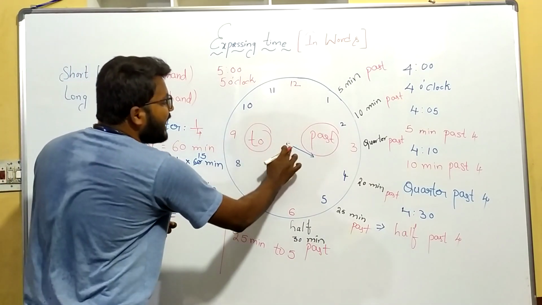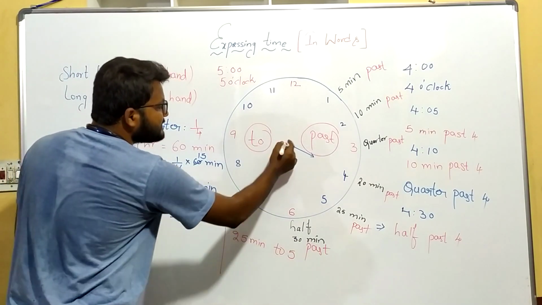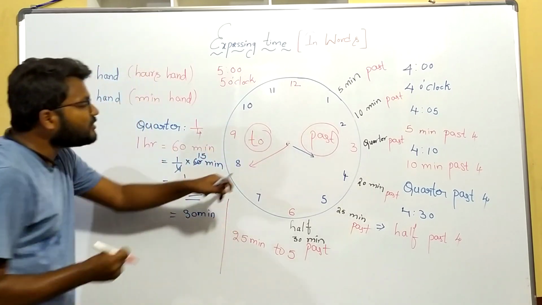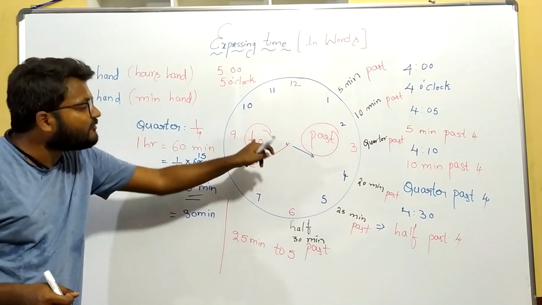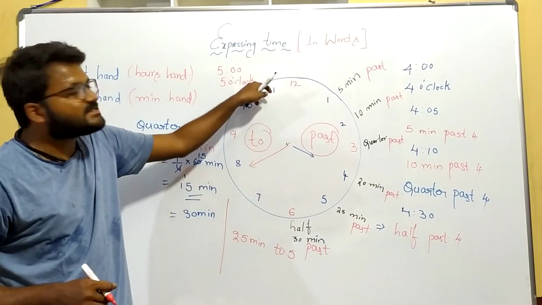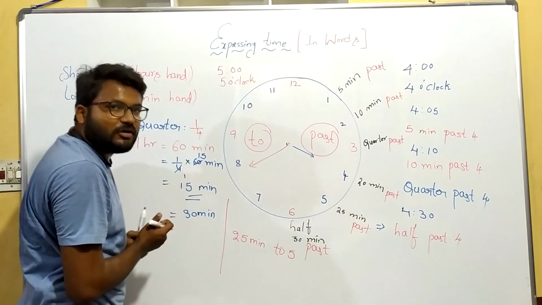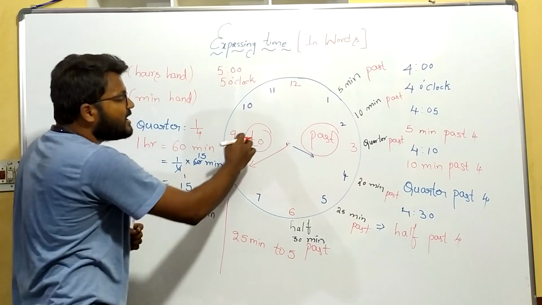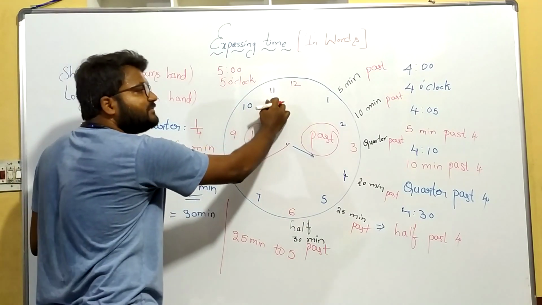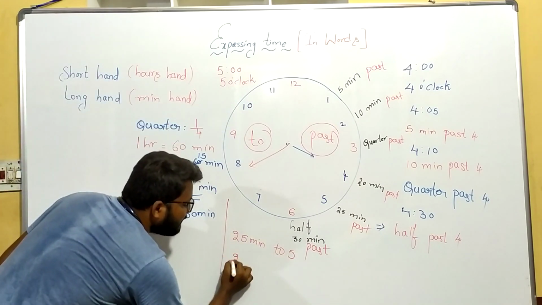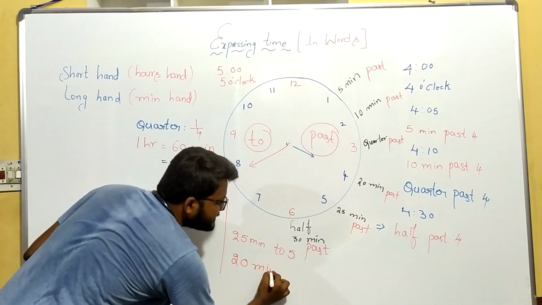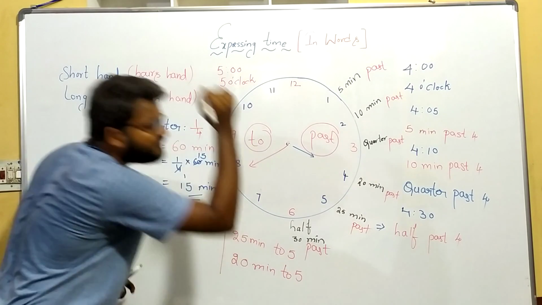Next, when the long hand shows this 8, what is the next hour here? This is the next rotation, right? We use 'to'. So the next hour is 5 o'clock. To get to 5 o'clock, how many minutes are required? 5, 10, 15, 20. So we require 20 minutes to 5.